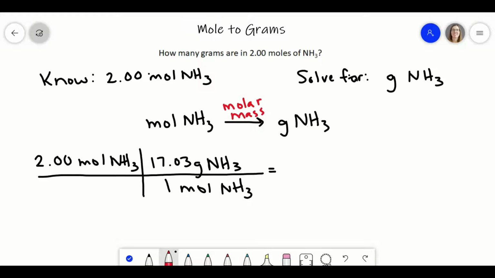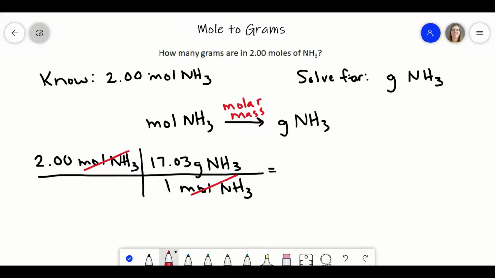Since it is a conversion factor, we could flip it over to get our units to cancel out if we needed. But the way it's written here is correct because our units of moles of NH3 cancel out nicely.